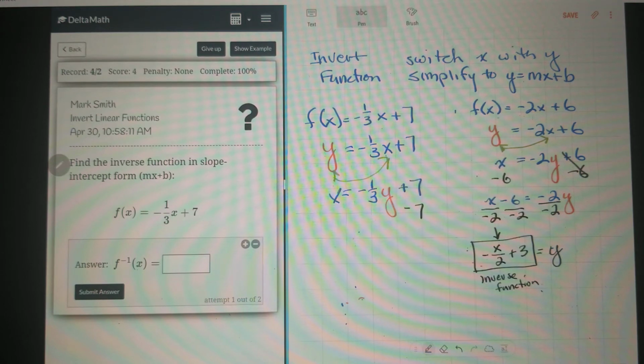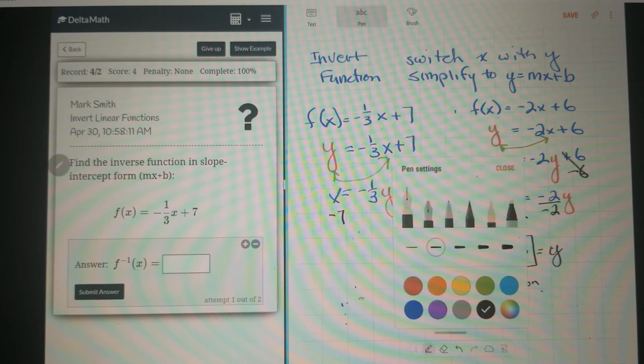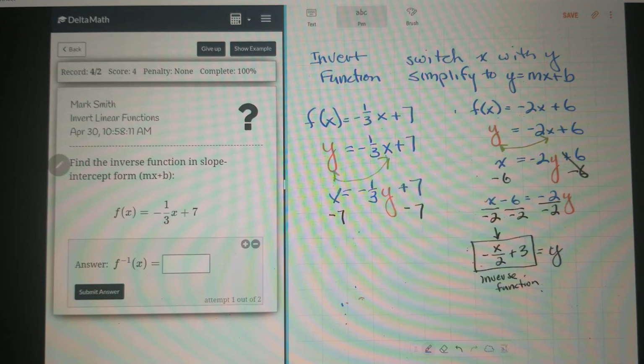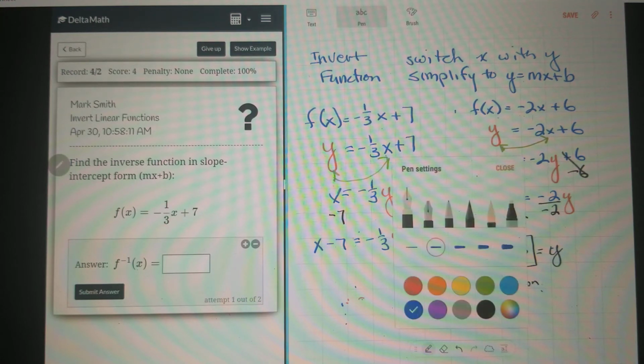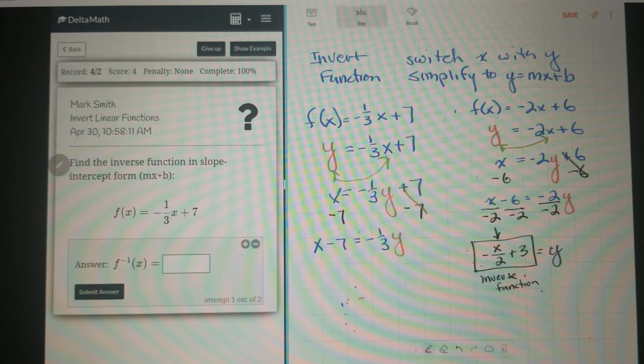Now we use our awesome algebra skills. Subtract 7 from both sides. That gives me x minus 7 equals negative 1/3 y. Now since we have a negative 1/3, what we're going to have to do is multiply both sides by negative 3.